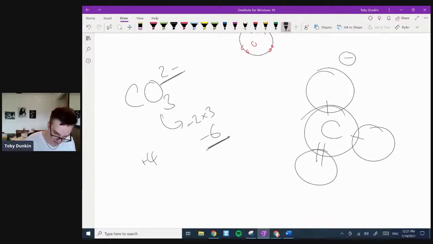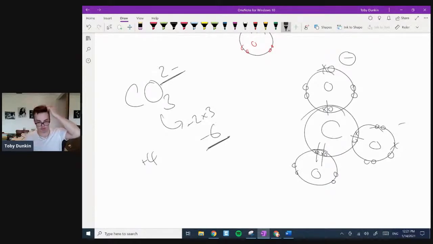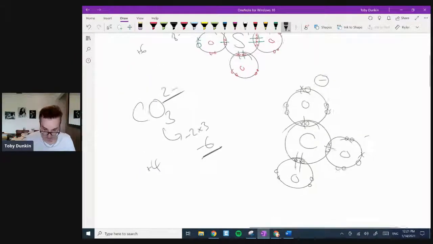There's the minus. He's going to have an extra. Make everyone add up to 8. 1 bond, 1 bond, add up to 8. 2 bonds, add up to 8. And then oxygen. And I'm finished. Carbon's making a standard number of bonds.